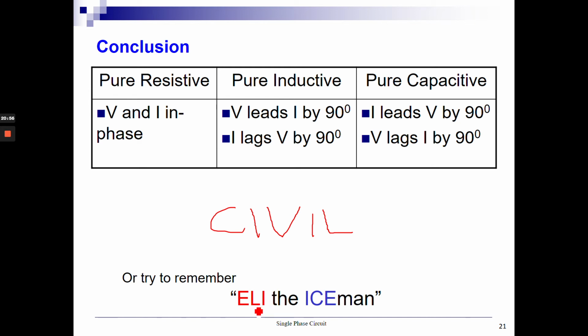So for inductor, E is actually for voltage. So E leads I. And then for capacitor, I leads V. So either one you want to remember using the CIVIL term or ELI the ICE man.